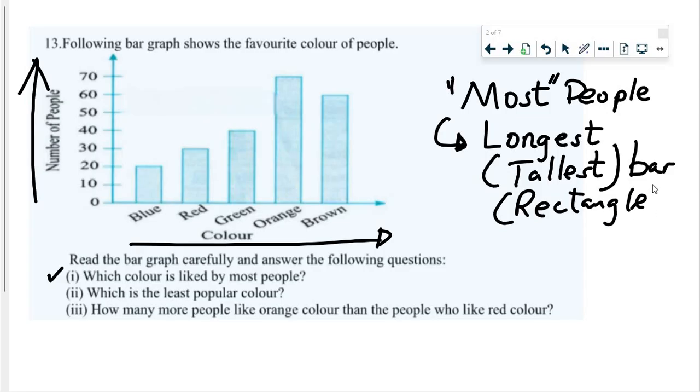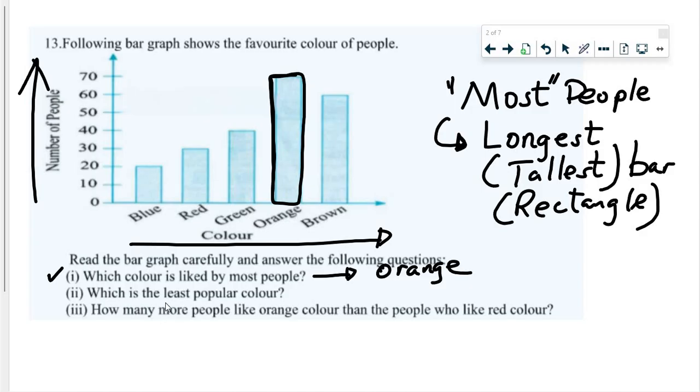So, which of these rectangles is the tallest of all? That will show which color is liked by most people. So in that case, orange is the color which is liked by most people. So here you write orange.